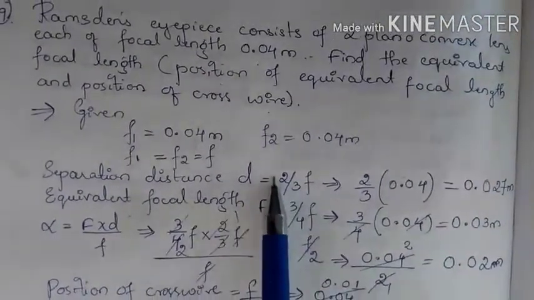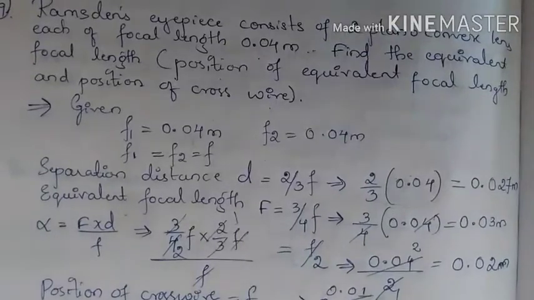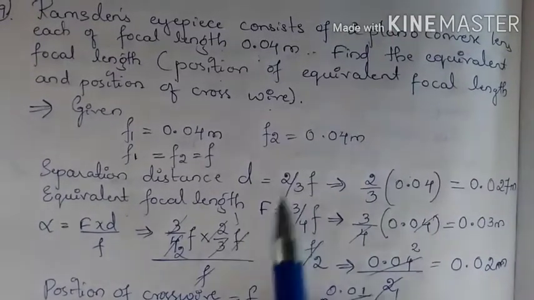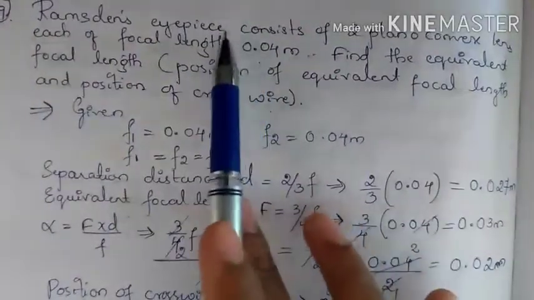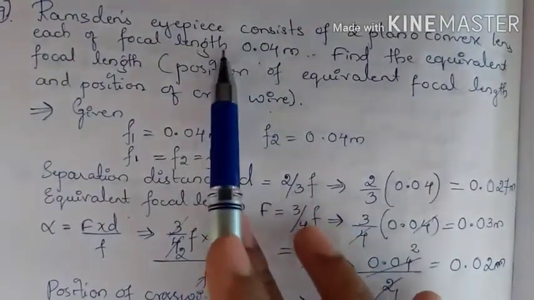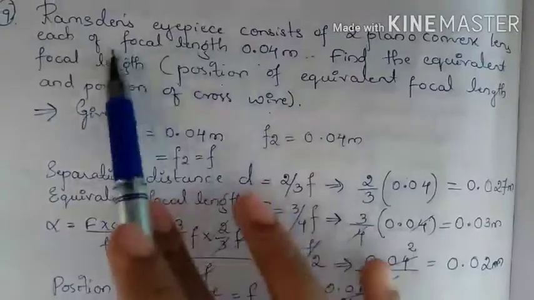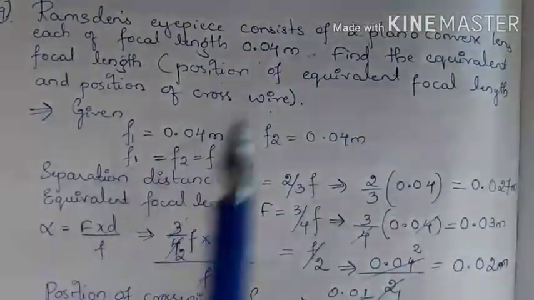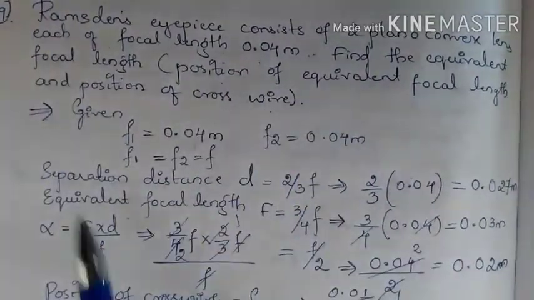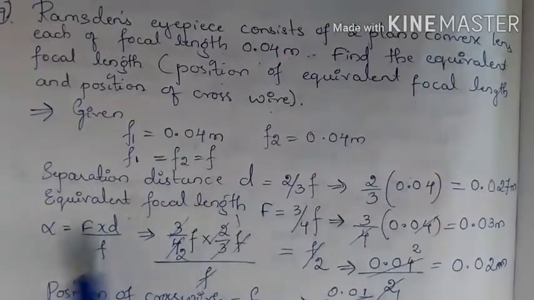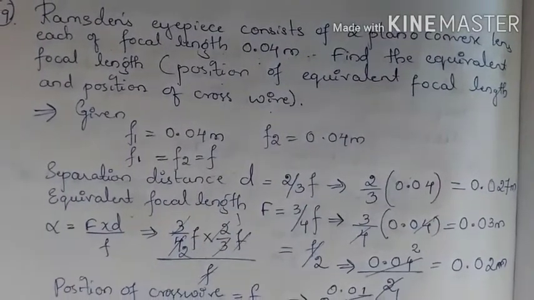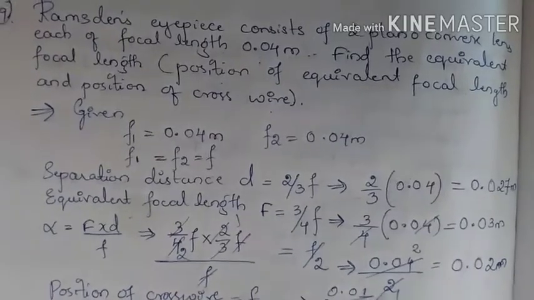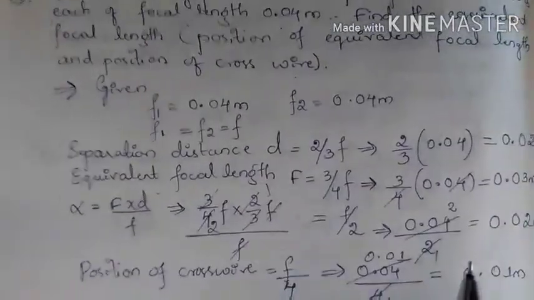To do this, we have to know the formulas for all the physical variables in a Ramsden's eyepiece. In the question he has just mentioned the focal length of the lenses, and with that he is asking what will be the separation distance, the focal length, the alpha, and the position of crosswire.